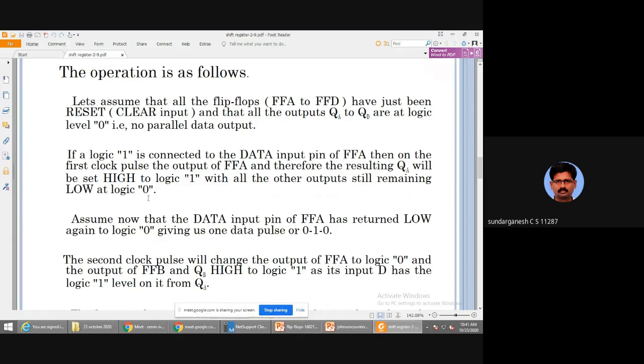Now I am making the data input zero. What happens? QA becomes zero, QB becomes one, and the remaining will be in the same state, zero. In the next clock pulse, I am making the input one.